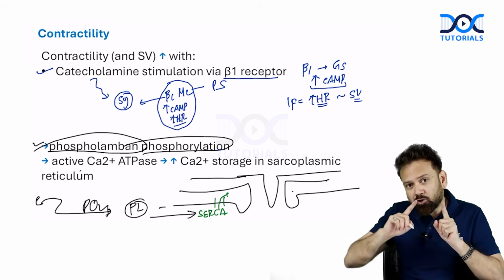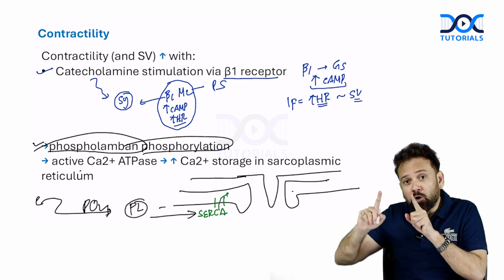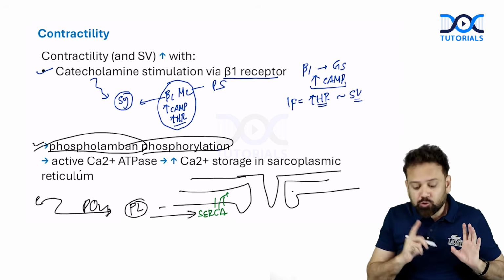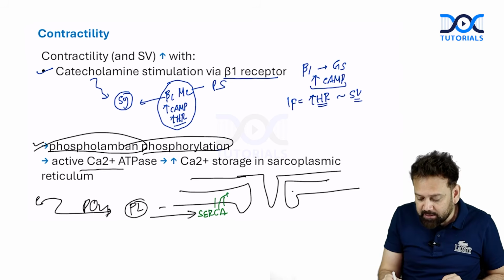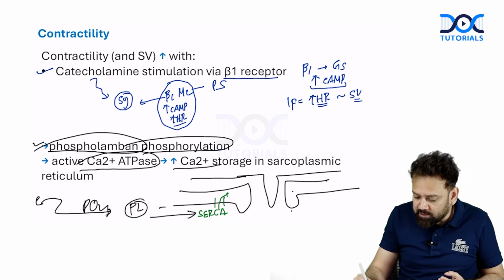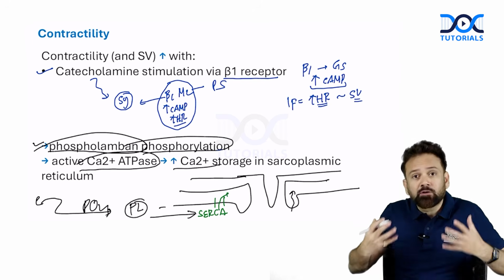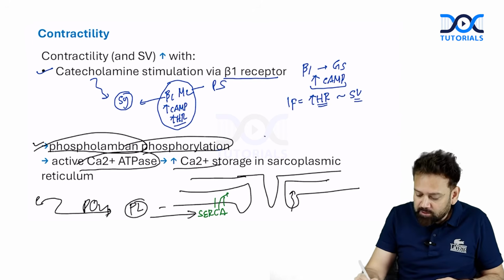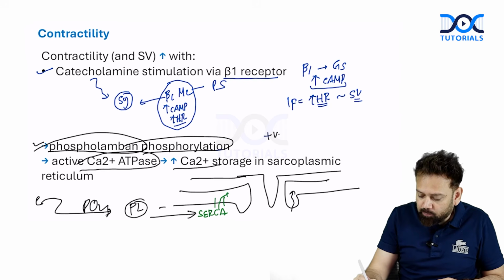Phospholamban usually was inhibiting, now this inhibition will be inhibited. So calcium ATPase in the SERCA will be active. It will cause more calcium storage in the sarcoplasmic reticulum. So more relaxation, and more relaxation is called positive lusitropy.